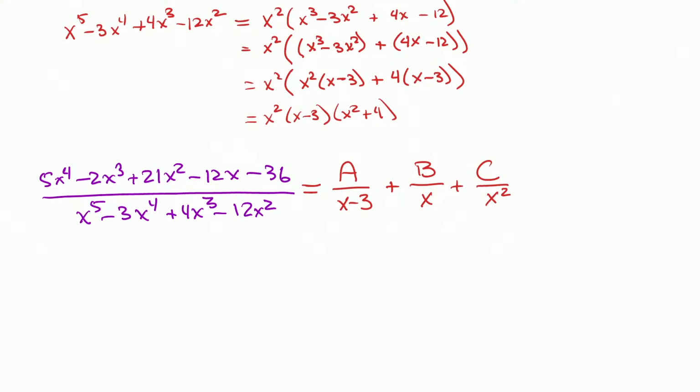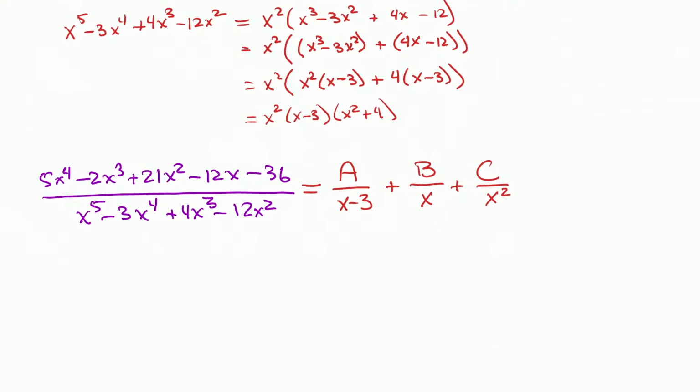Okay, so just to recount, and we're going to get to the final factor in just a sec. Whenever you have a single linear factor, you write constant over that factor. If you have a multiple factor, whatever multiplier you have, like here it's a double factor, you're going to have two fractions, and you just have each of the different powers of x that you could have.